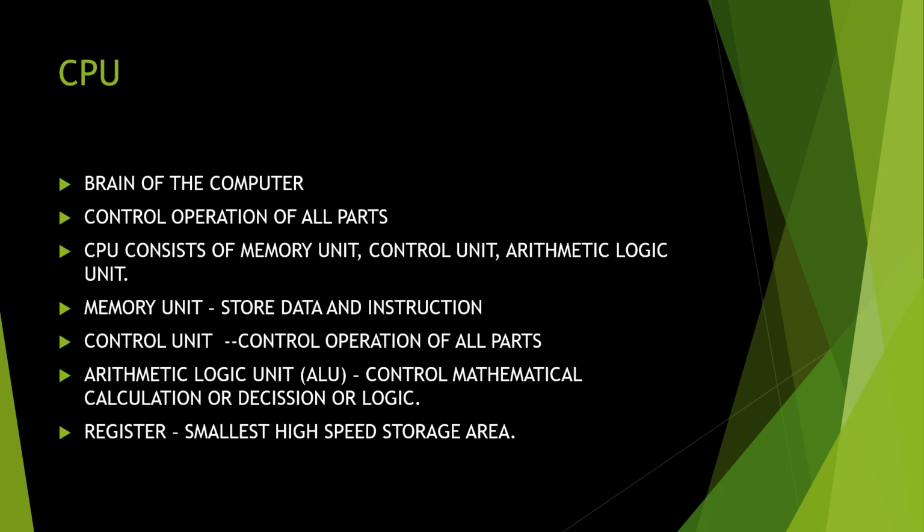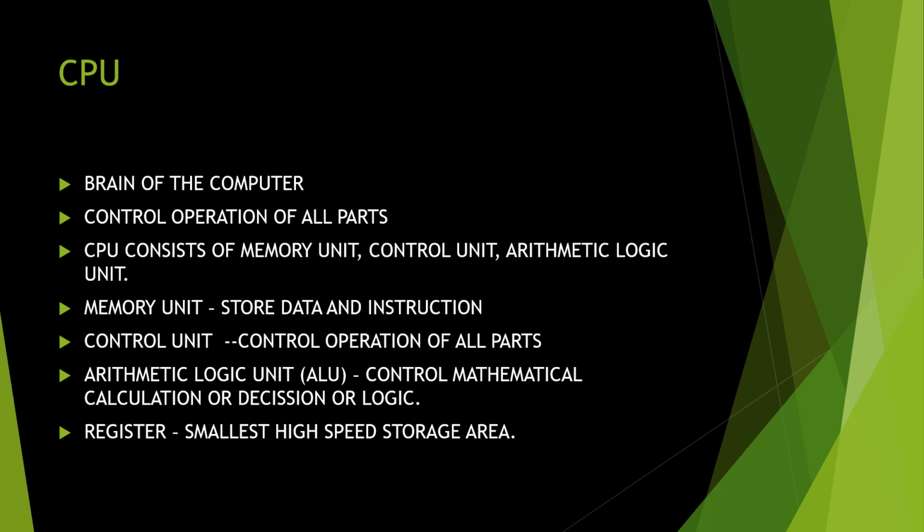And the arithmetic logic unit. What is the arithmetic logic unit? You know there are a lot of mathematical and logical areas, decision taking. All this is done inside it. So all these areas are handled by the arithmetic logic unit, known as ALU. It controls mathematical calculations, decisions or logic. So you get an idea about the CPU. There are three portions, and each carries a different kind of work.